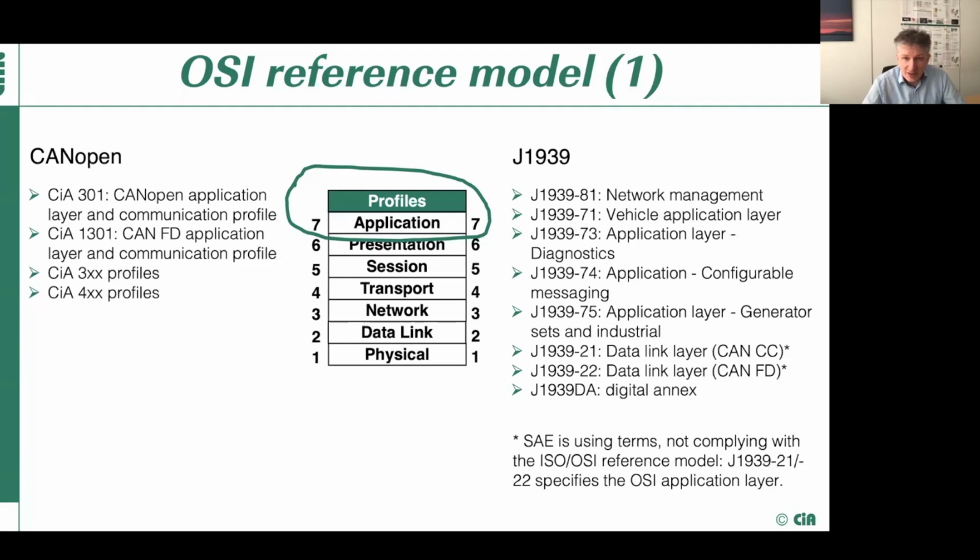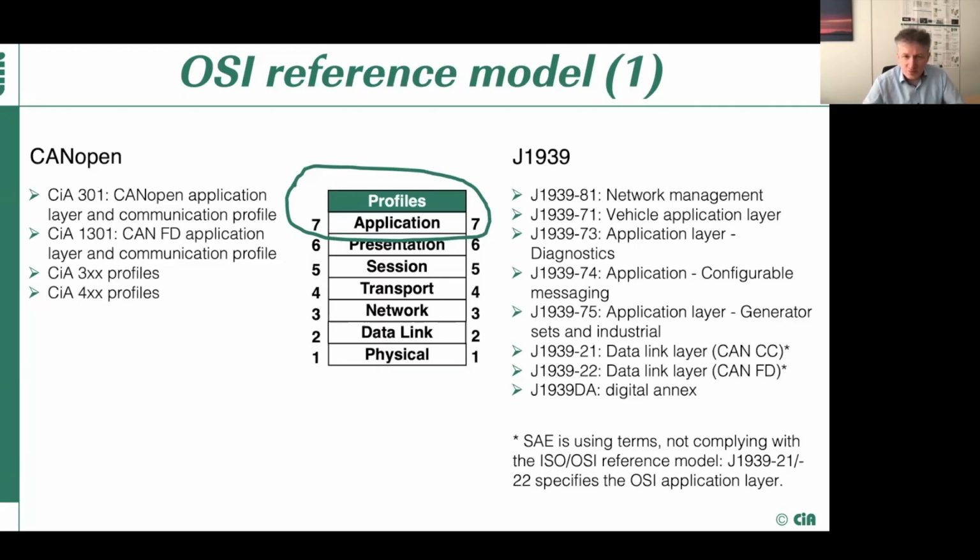The application layer J1939-71 also describes the communication and representation of data, which clearly defines the application layer in itself.